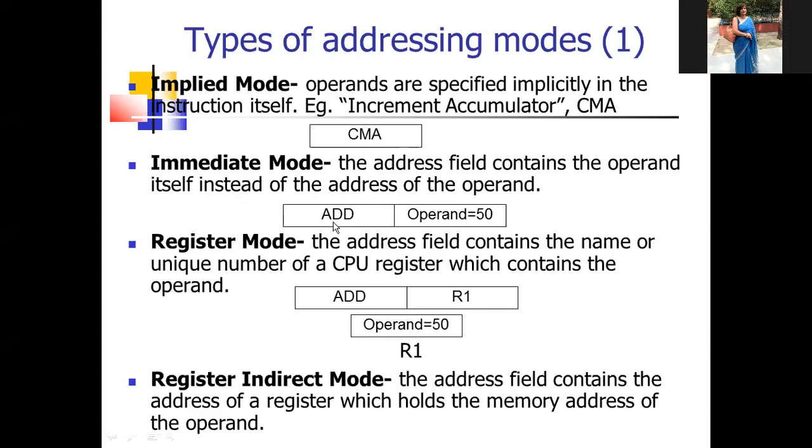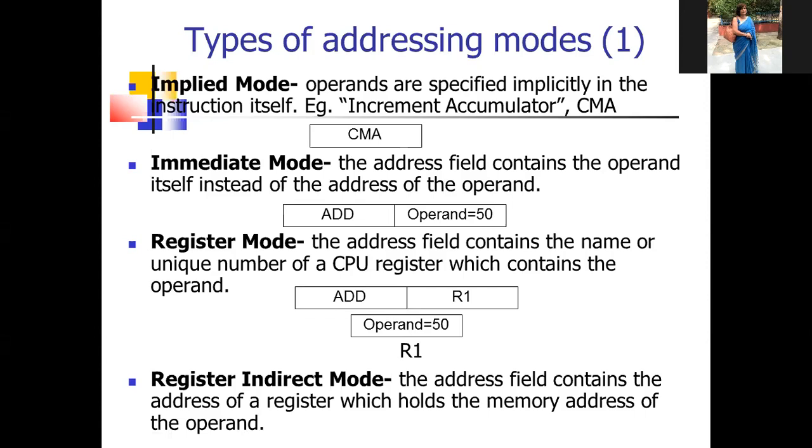It consists of add, and another part which is not the address but the operand itself. So in immediate mode, the operand in place of the address is available in the instruction register. The address field itself works as the value of the operand.